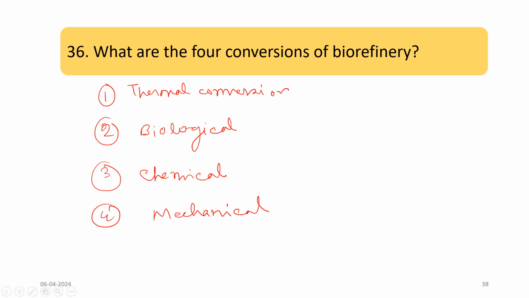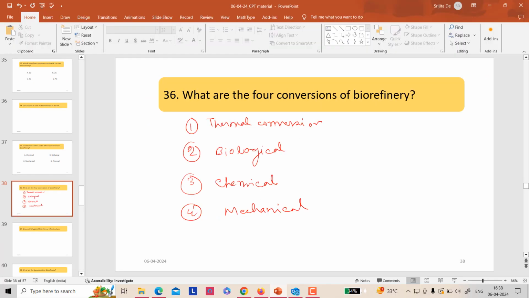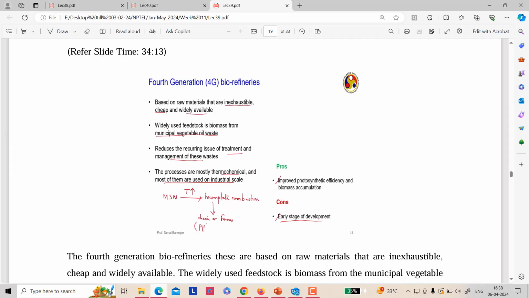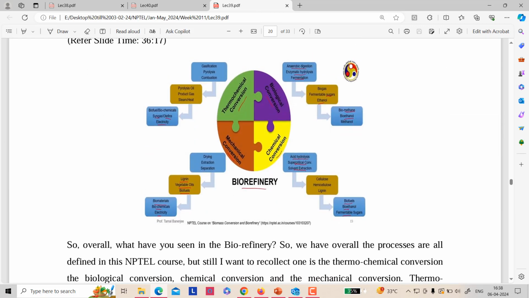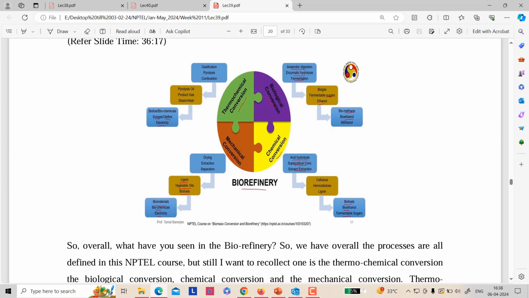If you see the chart here, these are the four types of conversion in biorefinery. So in the thermal conversion, or thermochemical conversion also you can say, you can see that first the gasification happens.